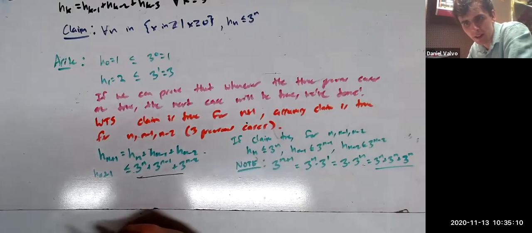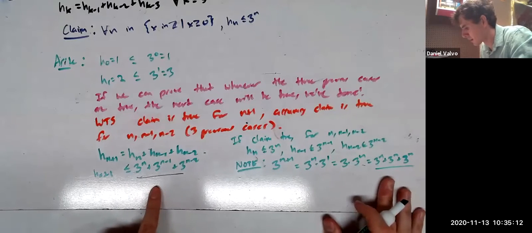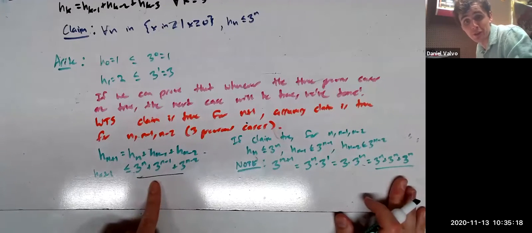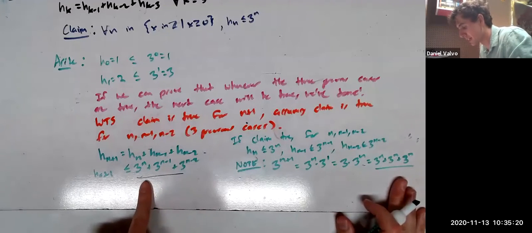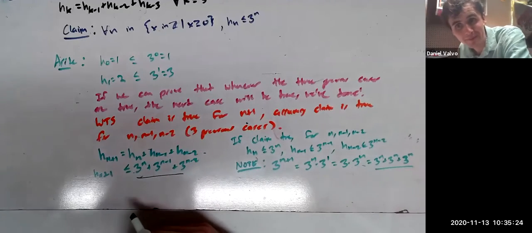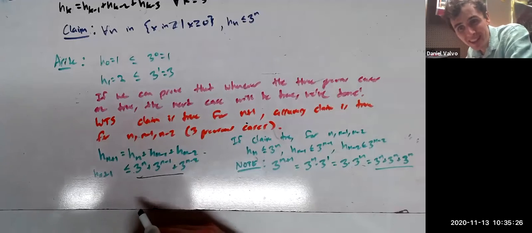Now we're cooking. These two look really similar, right? They're both an addition of 3 powers of 3, just this one has the powers being n minus 1, n minus 2. This one has n, and n. But what's the thing you notice?